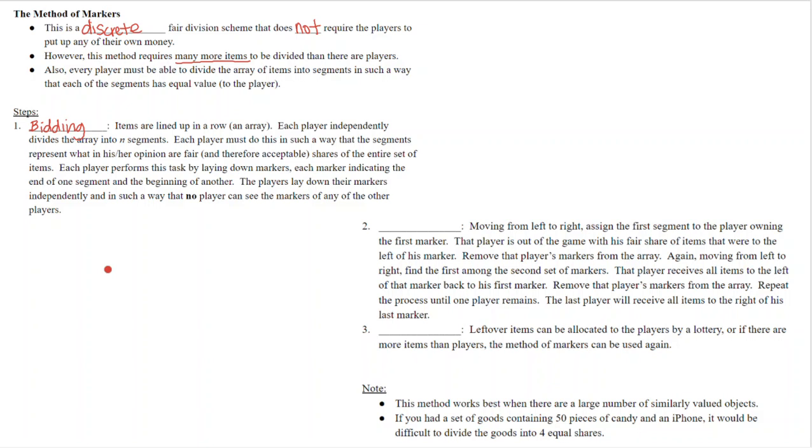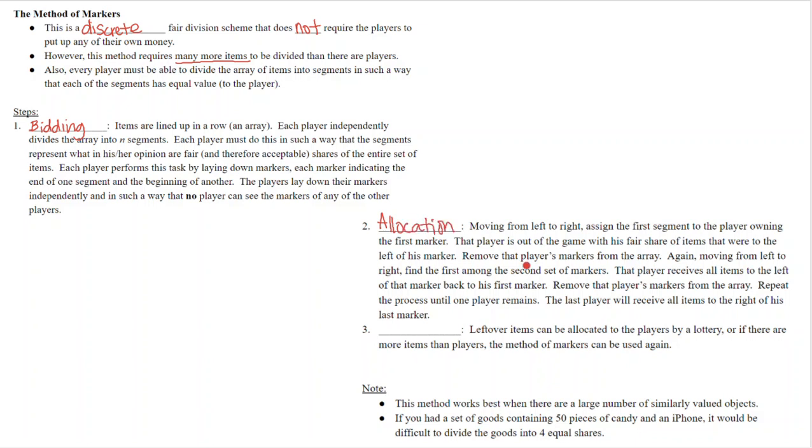And you do this by laying down markers to show where you are dividing the row of objects. Now, the thing is that each player does this in secret, so no one knows how another player is dividing up the items.